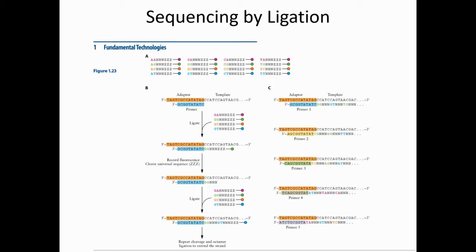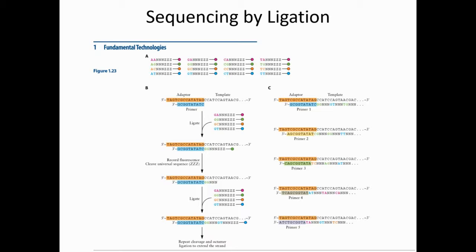Like step 1, you have pools of different octamers, each tagged with a different fluorescence dye, added along with the T4 DNA ligase, and the reaction conditions are set so that the ligation can occur only if the base at the 3' end of the octamer is complementary to the template.